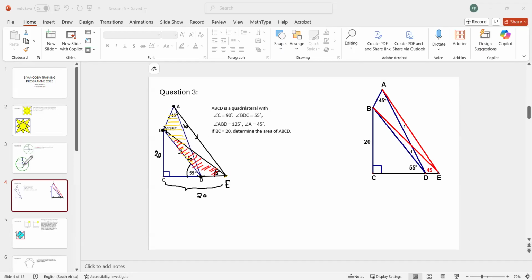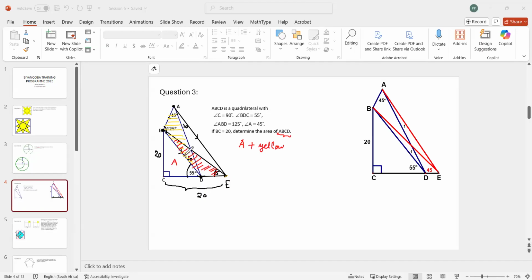Okay, so what does all this mean? It means that if I call this part here A, the required area of ABCD is A plus the yellow triangle.